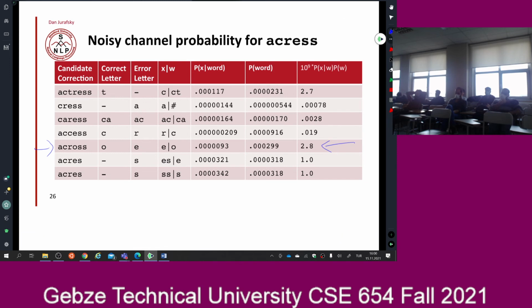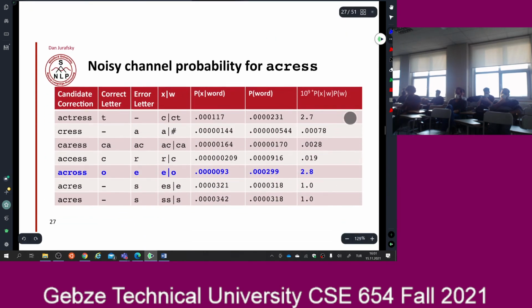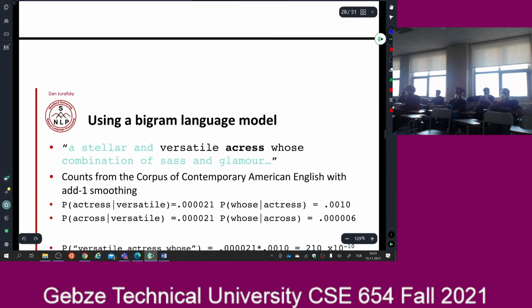And if the difference between this one and this one is very big, then without asking the user, you just replace it, autocorrect, because I know that this is going to be a lot larger. Again, this is the simple unigram model.